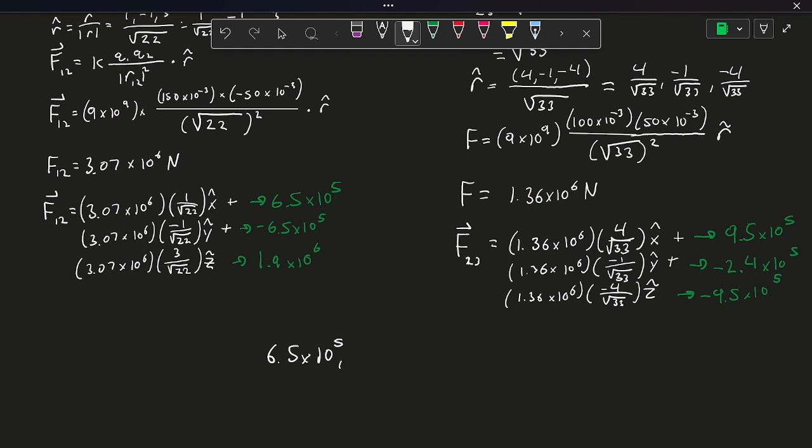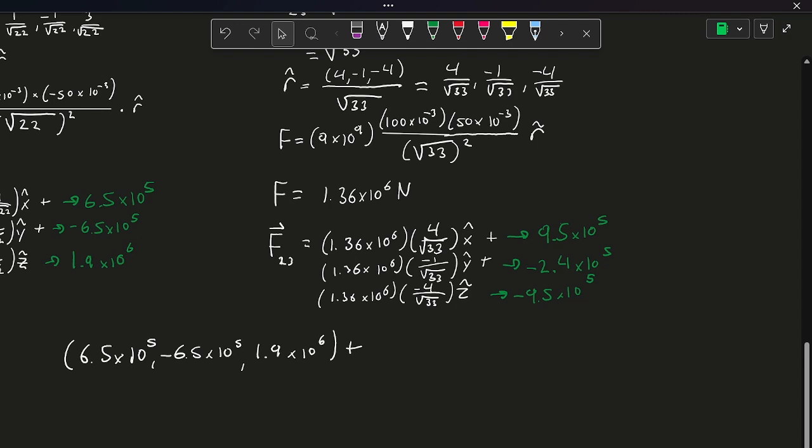Then our y value, negative 6.5 times 10 to the 5th. And our z, 1.9 times 10 to the 6th. And we're going to add them to these other values over here. So it's going to be plus 9.5 times 10 to the 5th, negative 2.4 times 10 to the 5th, and negative 9.5 times 10 to the 5th.